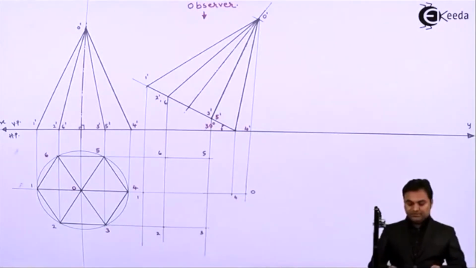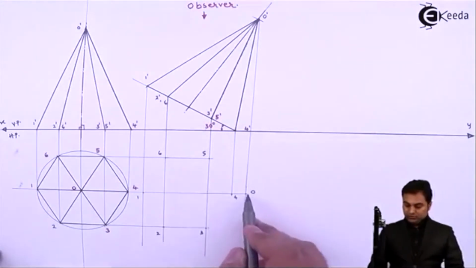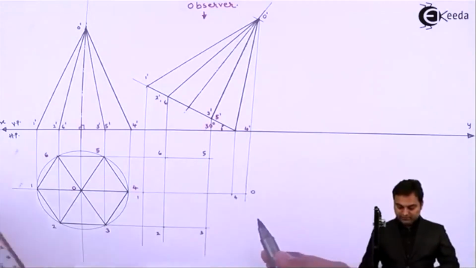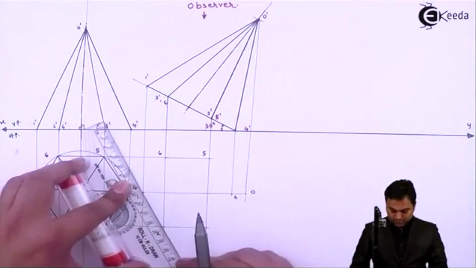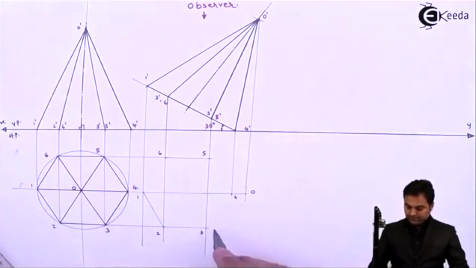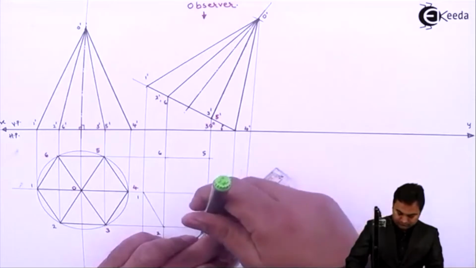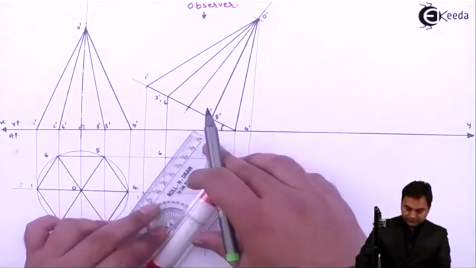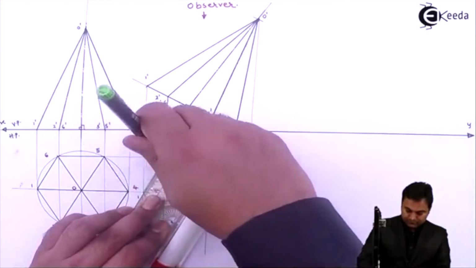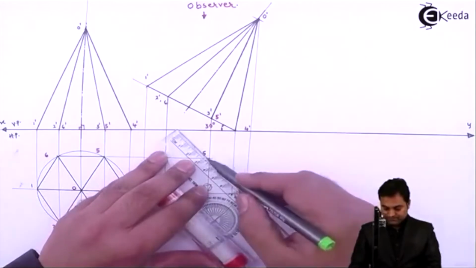Now connecting them in proper sequence, when we are looking from top, this O to 1 is visible, so it is a solid line, and then outlines will be visible, that is 1 to 2, 2 to 3, and 3 to O. Next 1 to 6, 6 to 5, O5 visible.